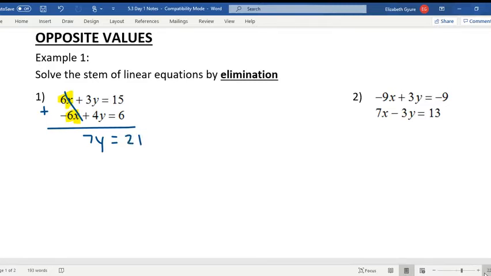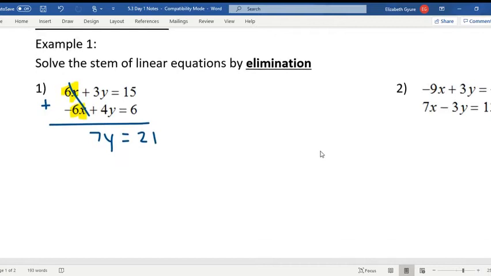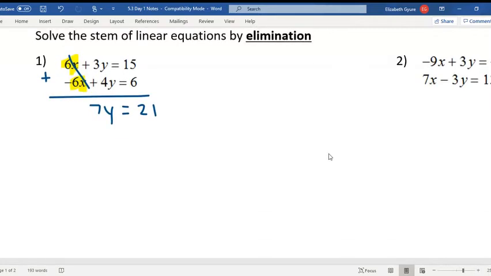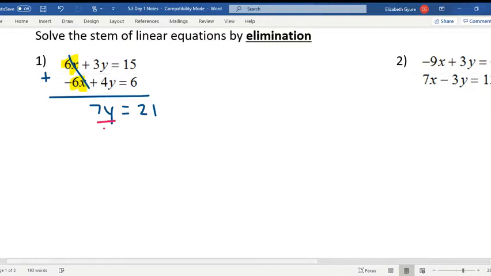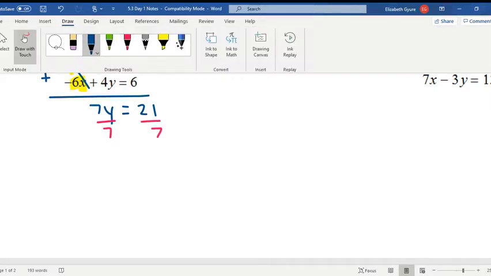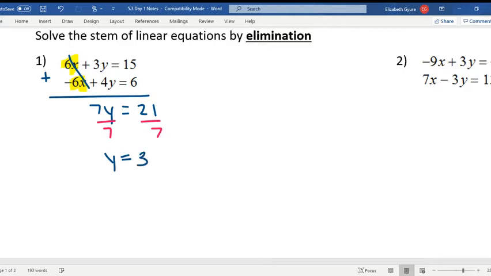Now we have 7y equals 21. Could I continue to solve for y now? What could I do? Yeah, divide both sides by 7. Yep, 21 divided by 7 is 3. Isn't that so much better?